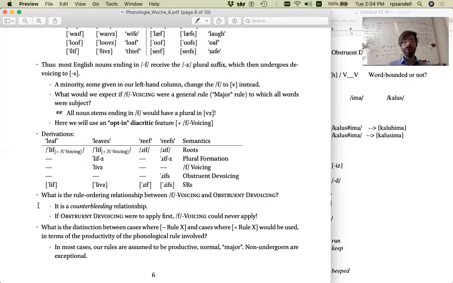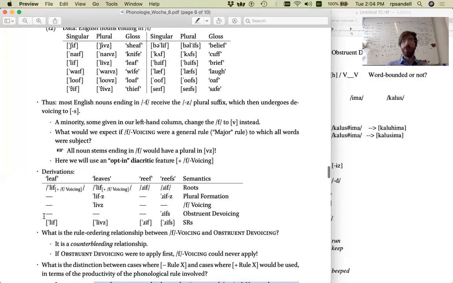Now, what then really is the distinction between cases where minus rule x and cases where plus rule x would be used, in terms of the productivity of the phonological rules? The normal circumstance, what we usually assume, is that the phonological rules that we can discover are normal, productive, or major undergoers.